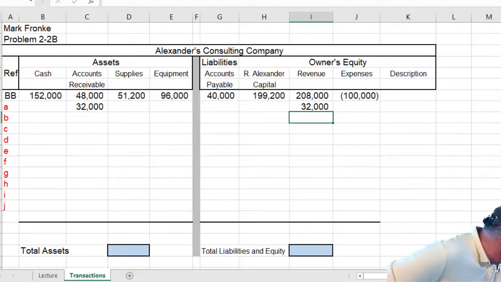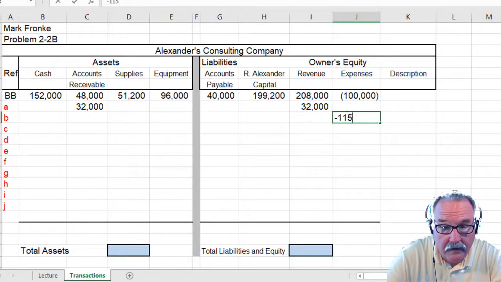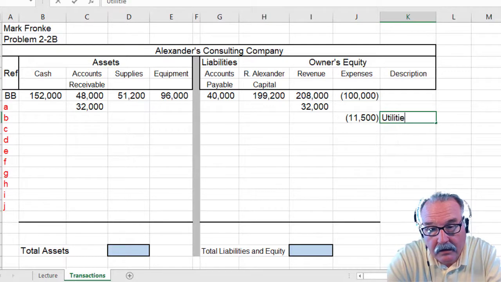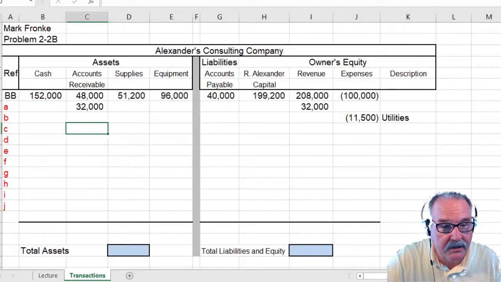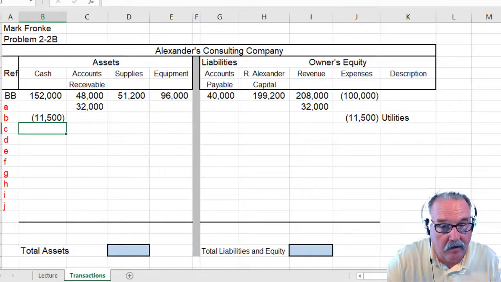Transaction B says paid $11,520 in cash for utilities. So we have some utilities expense over here, and we're going to put that under the description. And it says we paid it, so cash is going down.